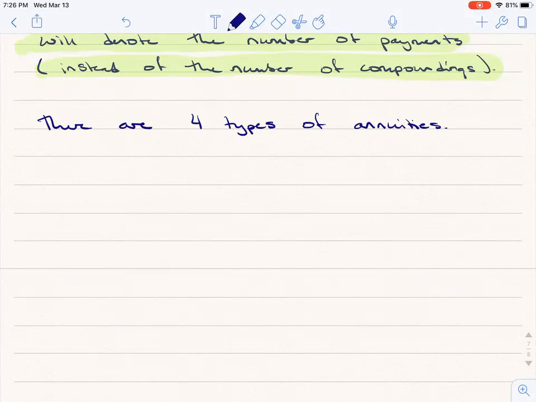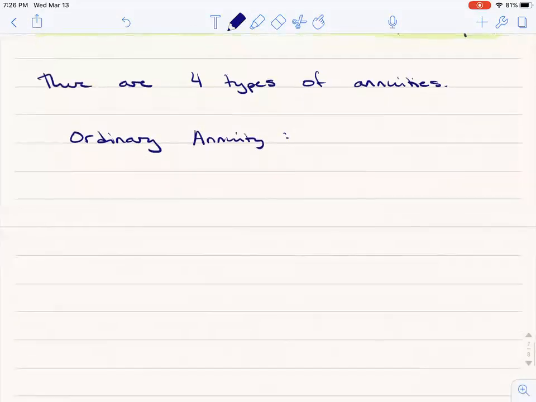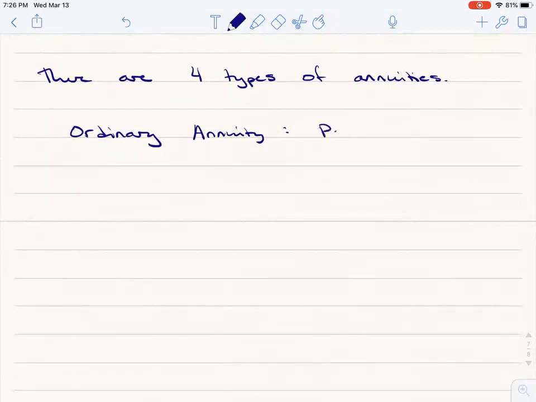First type is an ordinary annuity, which is when the payments are at the end of the payment period.